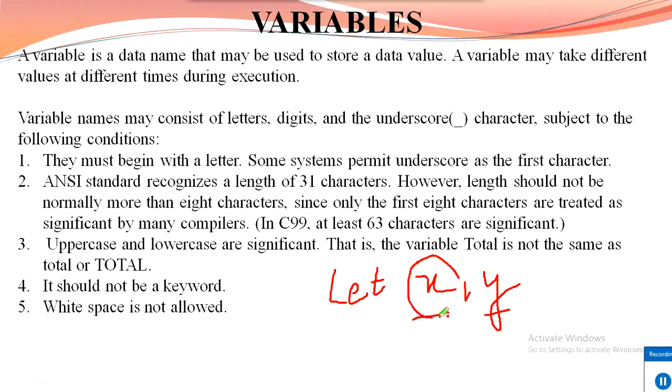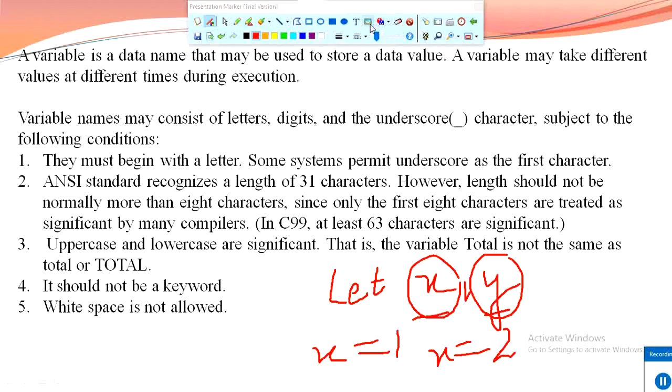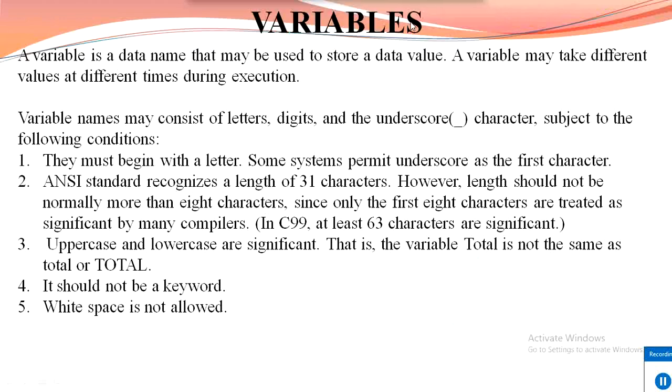So these x and y are called variables because at one time x may have a value of 1, at another time 2, at another time 10, 20, 50, and so on. It is not constant; it varies from time to time.